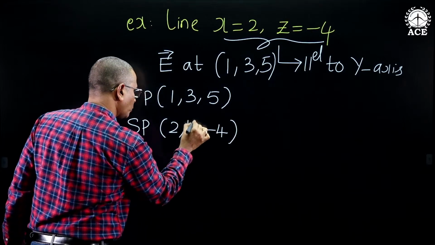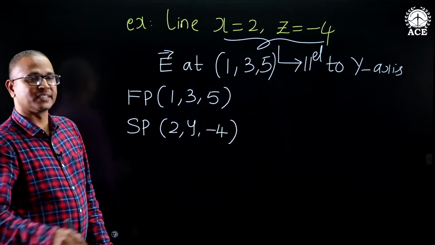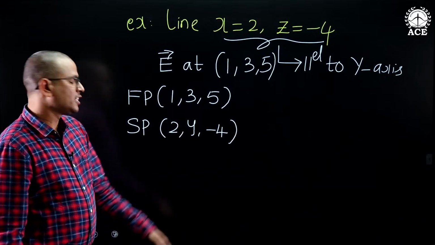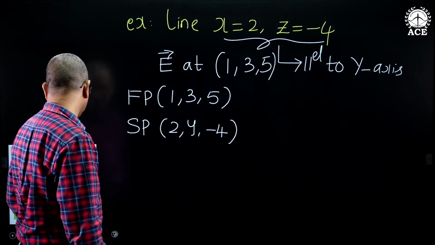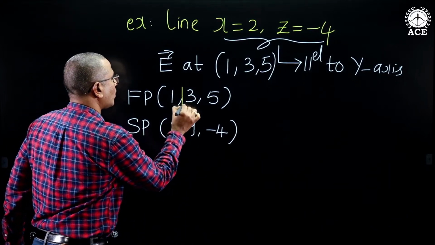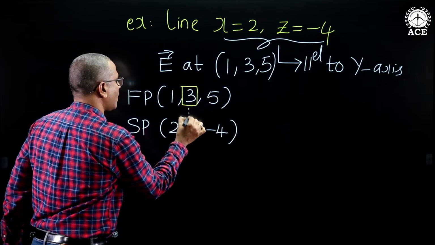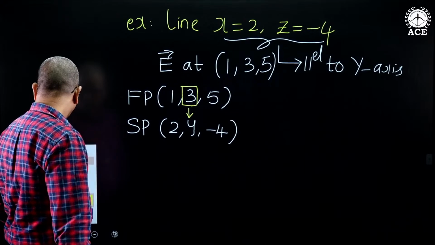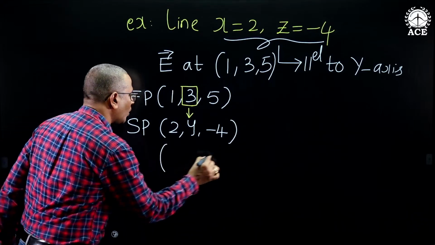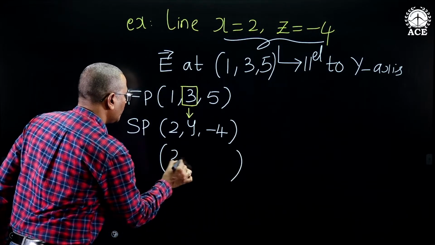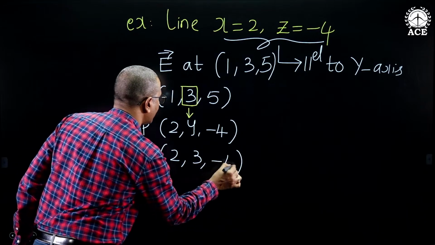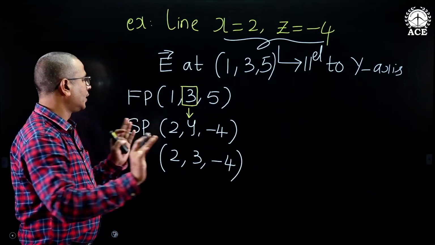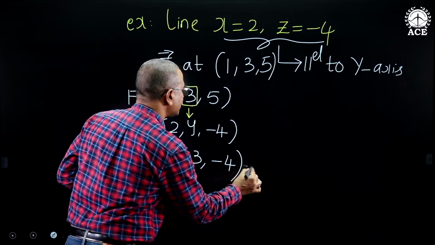Who is missing? Y is missing. Definitely the line is parallel to the y-axis. That missing coordinate you can extract by dropping from the field point onto the source point. Now from this you can get the new coordinates of the source point: 2, 3, minus 4. Don't disturb the others. Only y, whoever is missing.